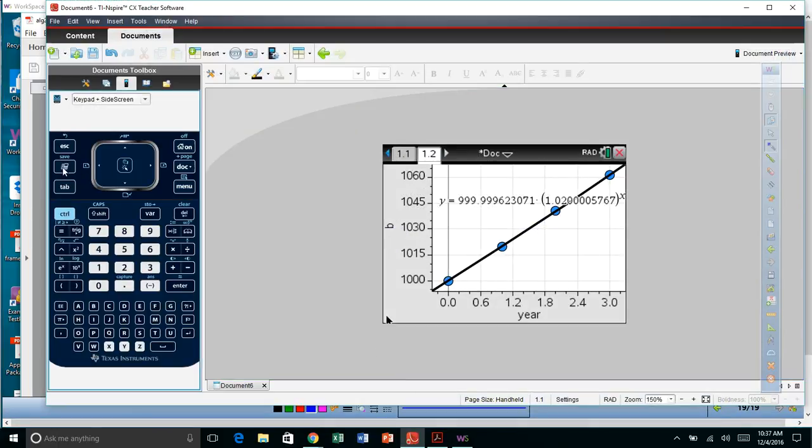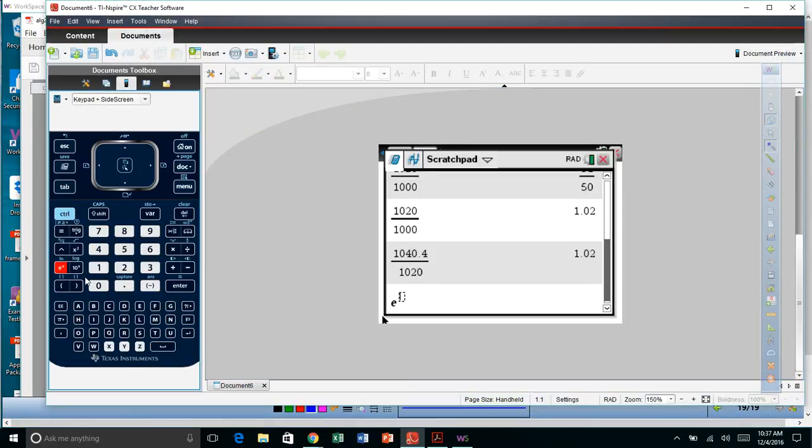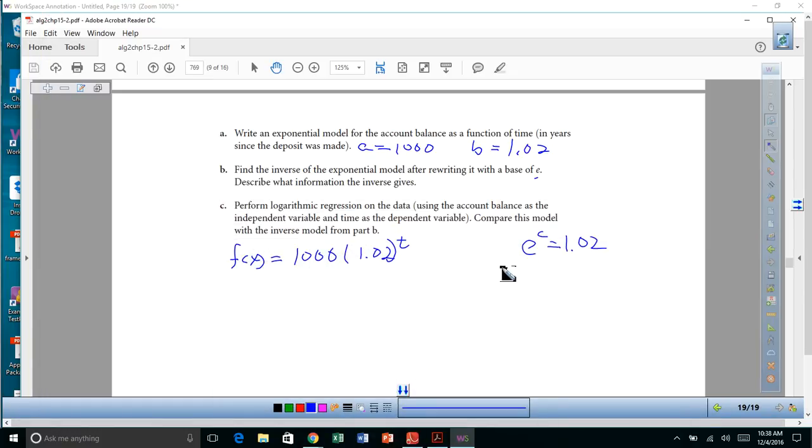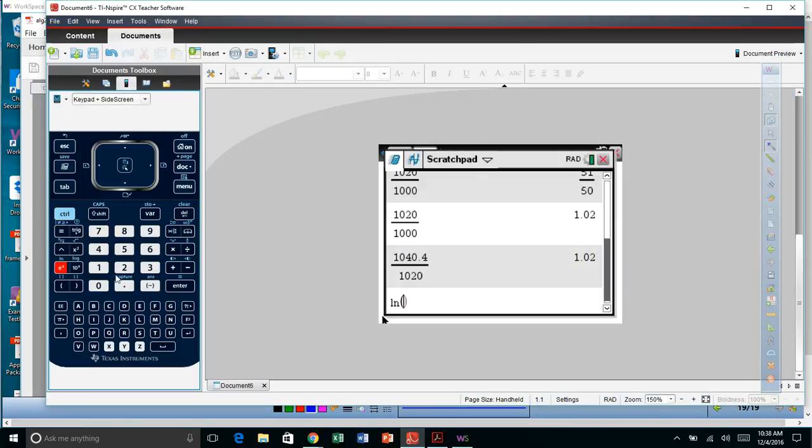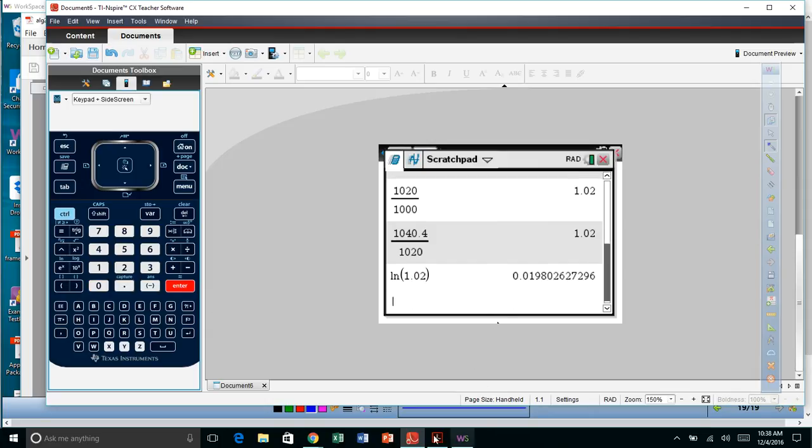So we multiply both sides by the natural log, and that gives us c equals the natural log of 1.02, which gives us 0.0198.